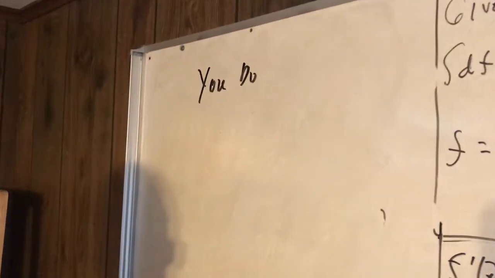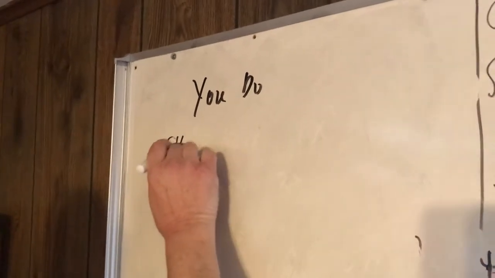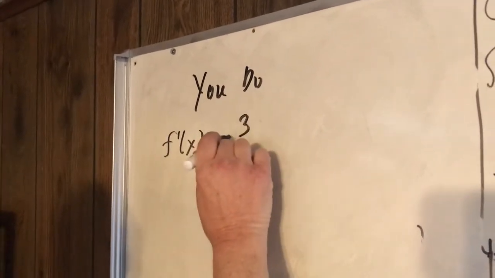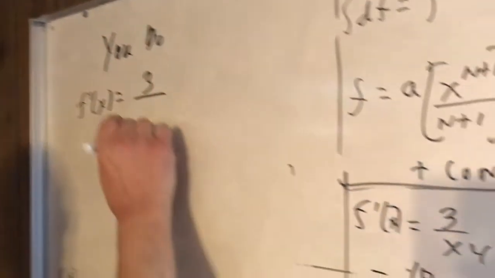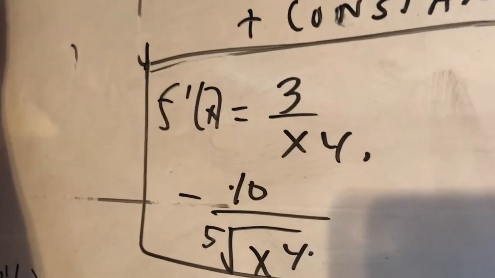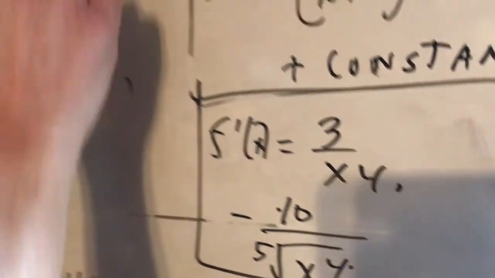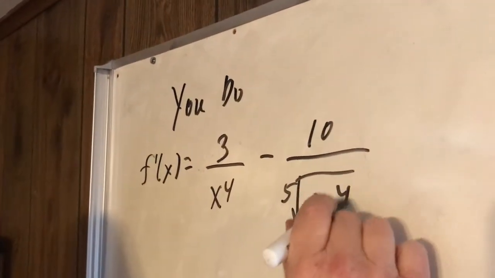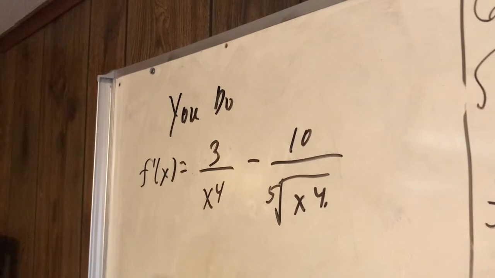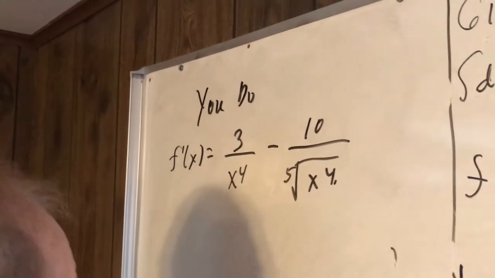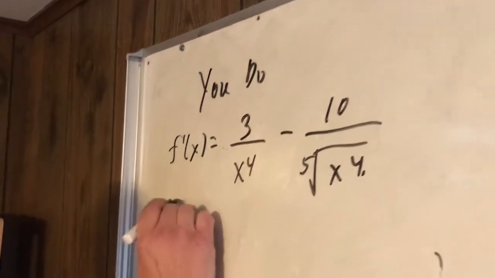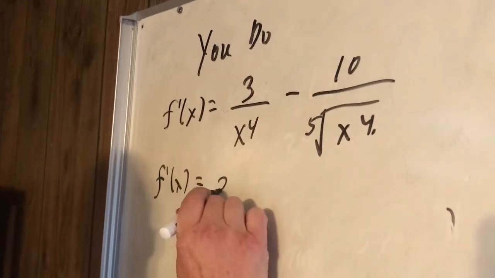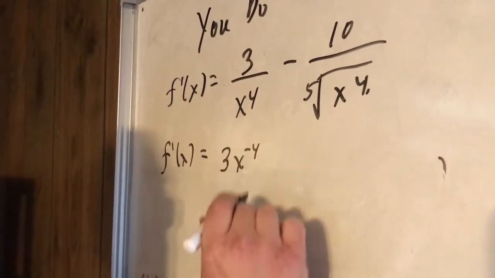The you-do problem was f prime of x is 3 over x to the fourth minus 10 over the fifth root of x to the fourth. Doing this the way we did before, we're going to rewrite this. 3x to the minus 4.